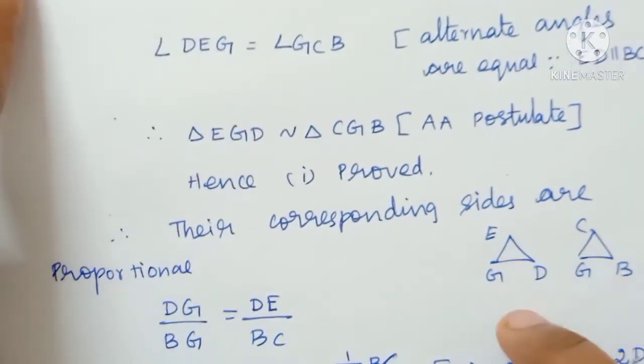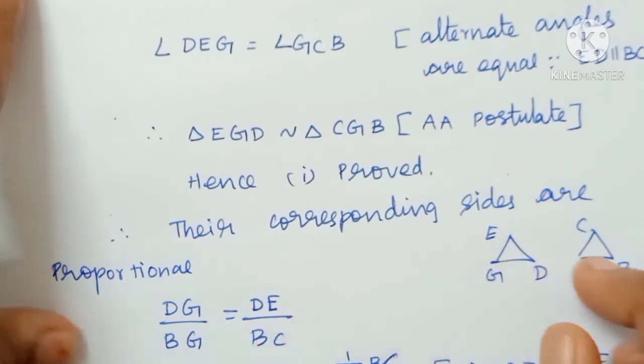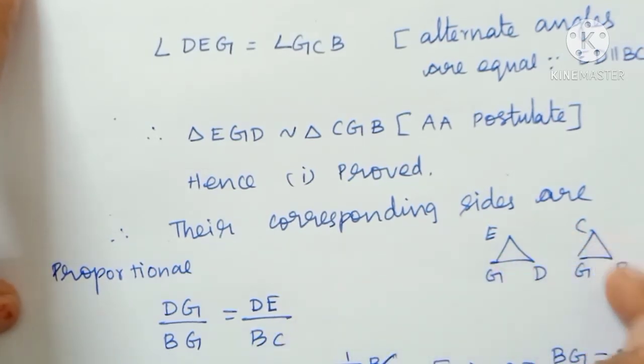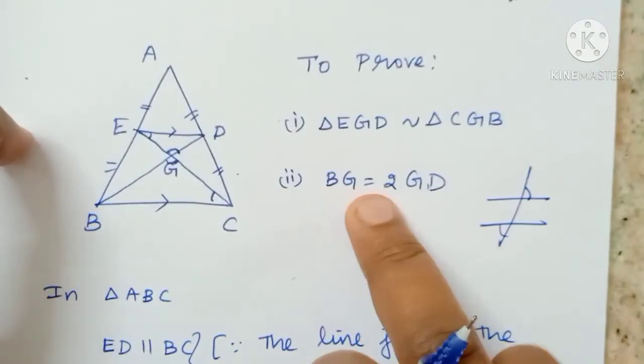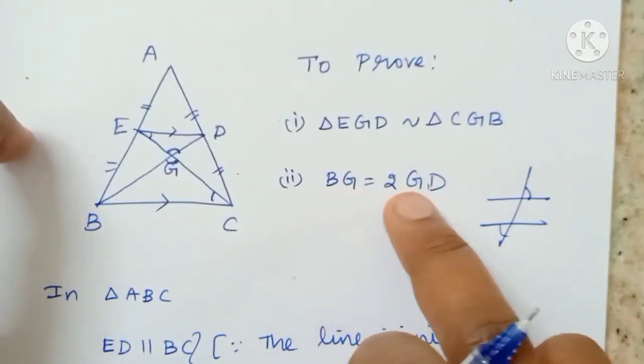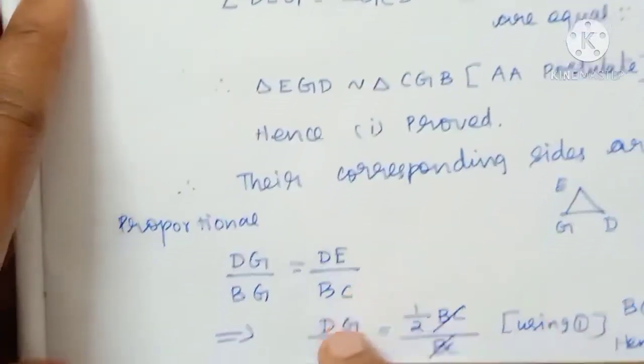So here DG, the corresponding side is BG. So DG by BG is equal to DE by BC. DG by BG you keep as it is because those sides are involved in the proof.